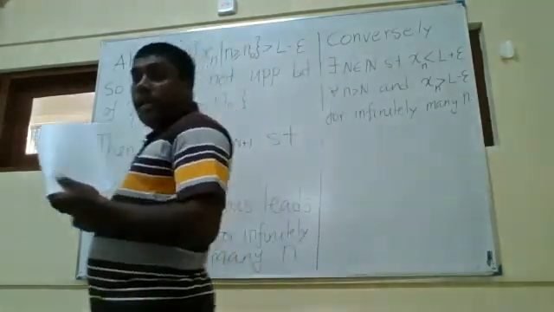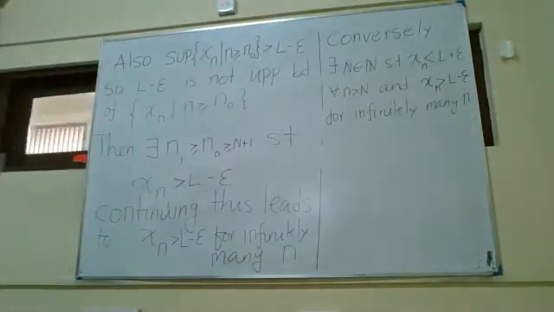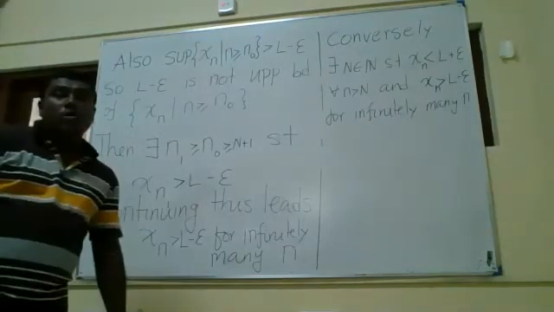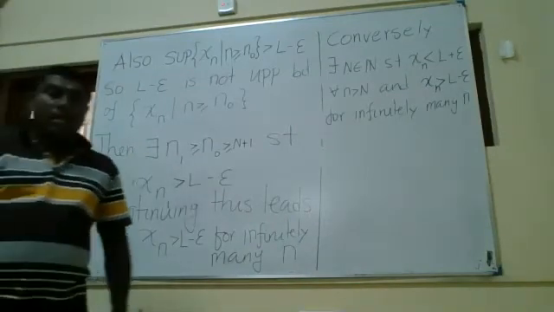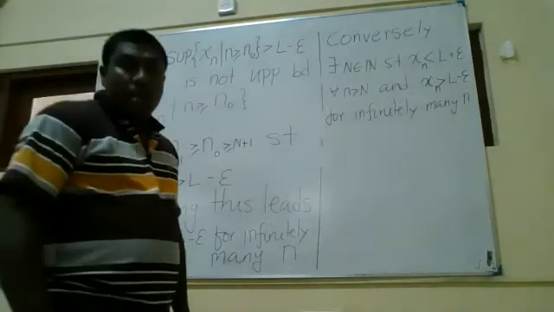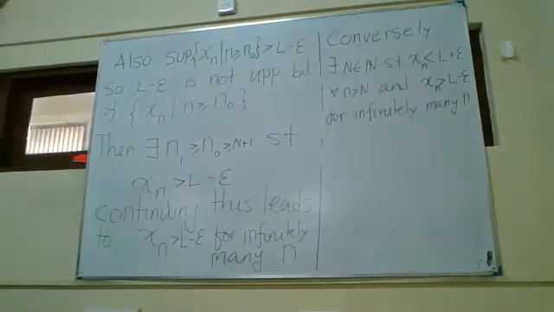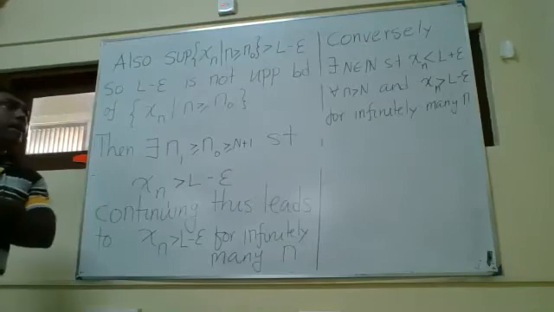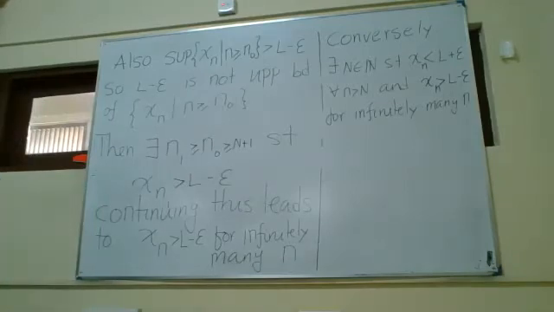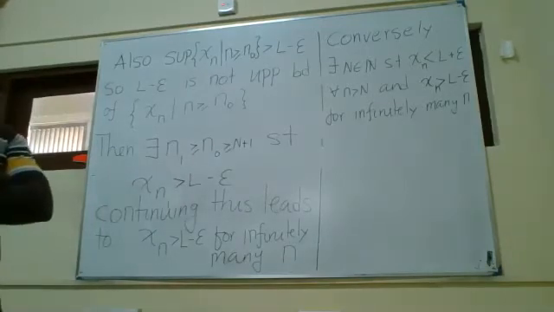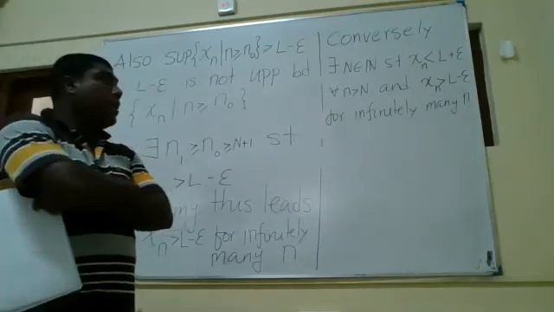Right, so conversely, let us suppose that the sequence has a value L such that for x_n, n belonging to the natural numbers, x_n is less than L plus epsilon and x_n is greater than L minus epsilon for infinitely many n.